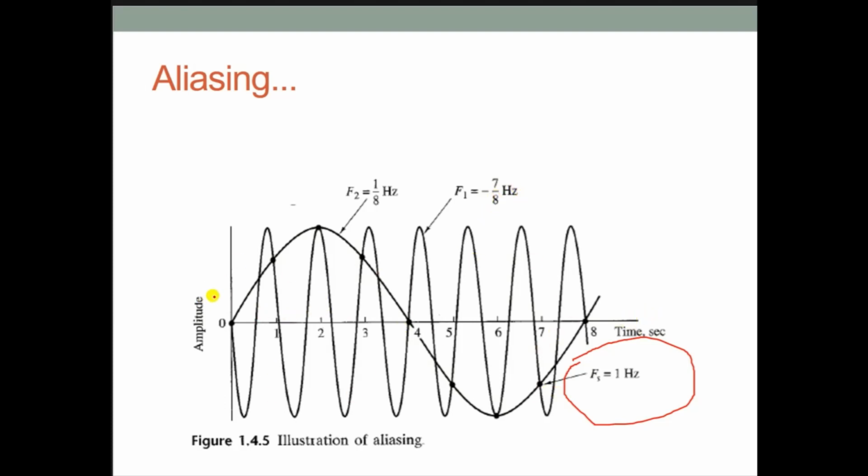So it is taken at the same points, but at different frequencies. Therefore, aliasing happens when you get the wrong frequency, so it gives you a signal that you don't want.